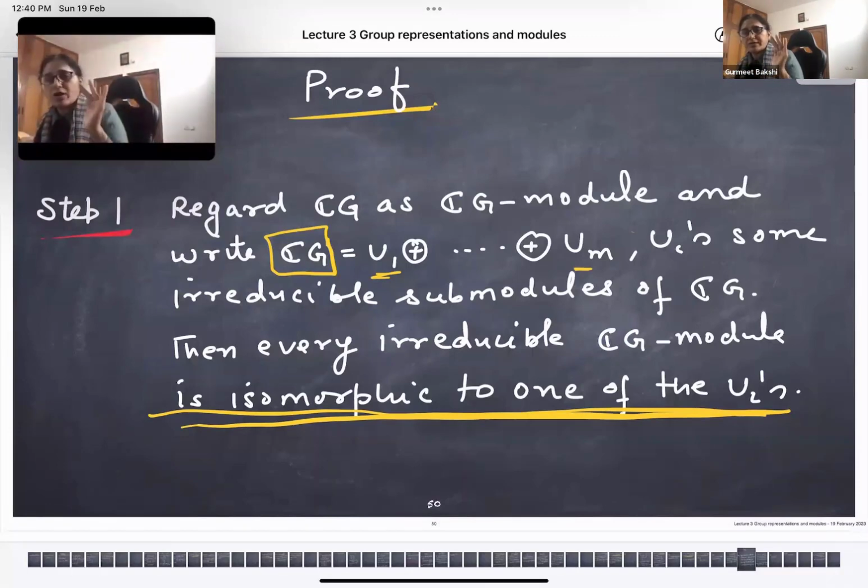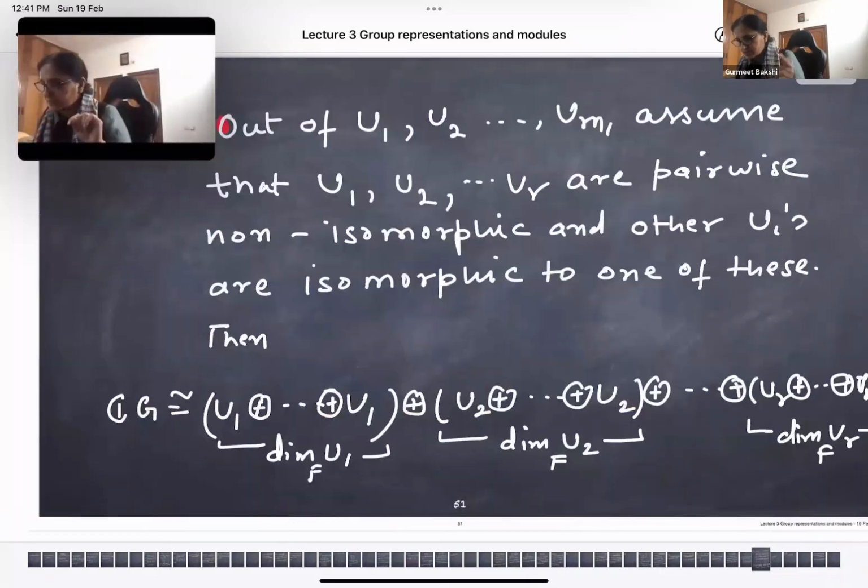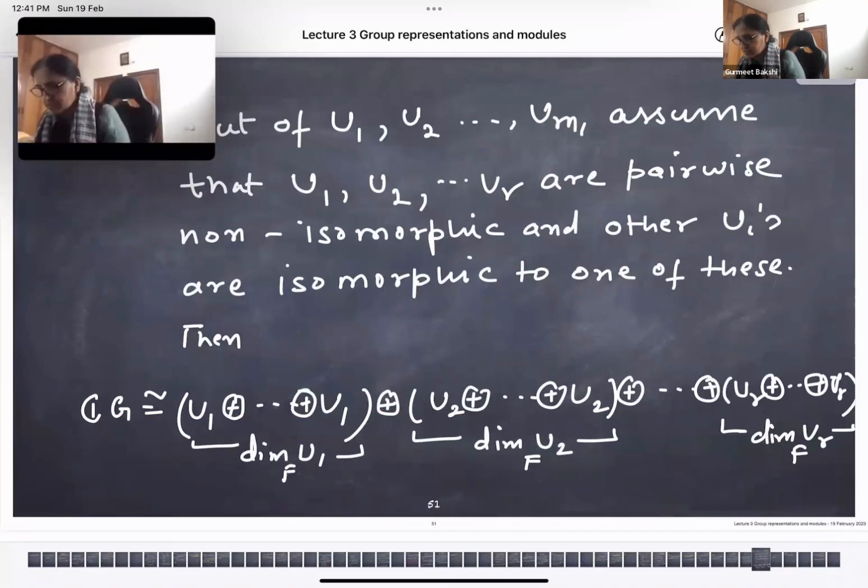Therefore, all you need to concentrate on is the representations corresponding to these U_i. Now, out of these U1, U2, ..., certain ones are isomorphic. So there are some copies of U1, some copies of U2. So I assume that the first U1, U2, ..., U_r are non-isomorphic, and the rest of the U_i are isomorphic to one of these.